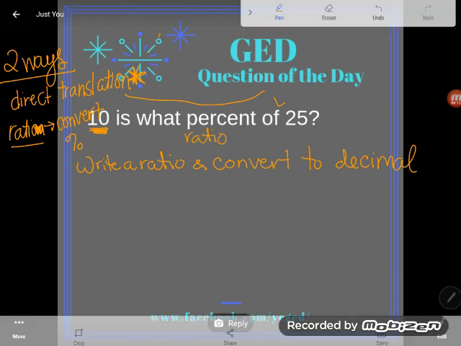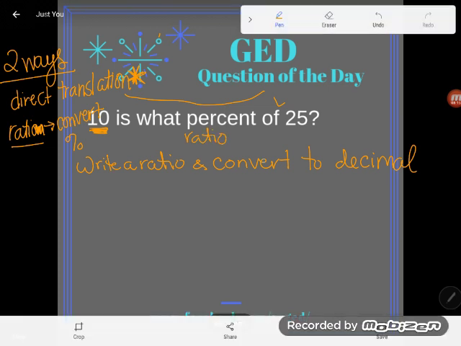If I'm asking 10 is what ratio of 25, now remember, percents and ratios are both looking at pieces as part of a whole. So they're very related concepts. They're almost identical. Just a different way of how we express the answer. So what I'm saying here is like, what portion of 25 is 10?